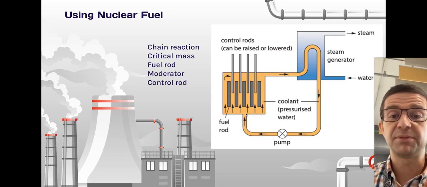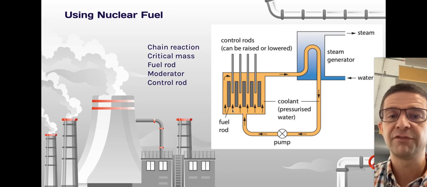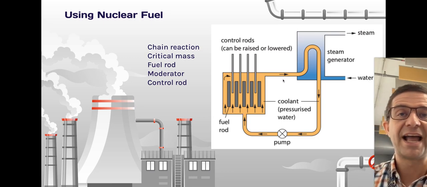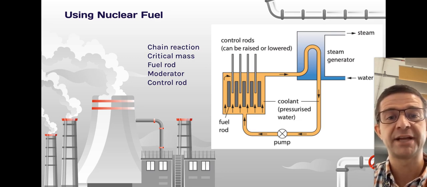The moderator generally plays another role as well, and sometimes there's a second moderator involved that's not a liquid. And that's that the neutrons that are produced by fission are often very high energy, so high energy that they don't interact well with the fuel rods to create that chain reaction.